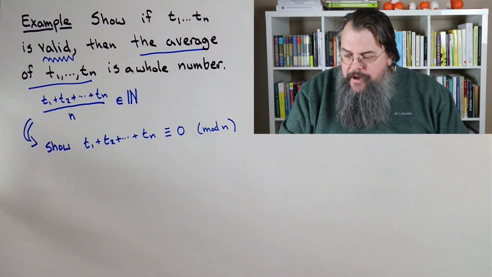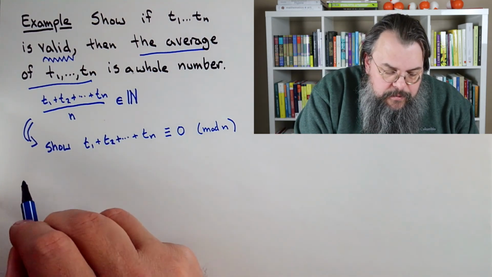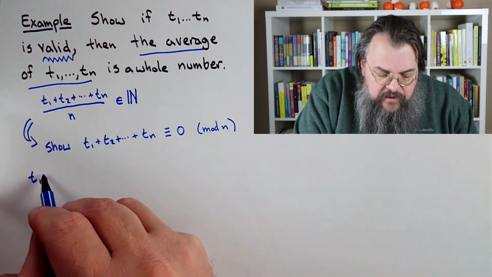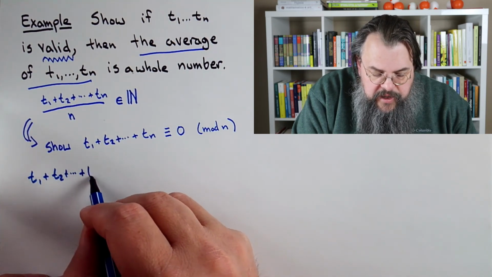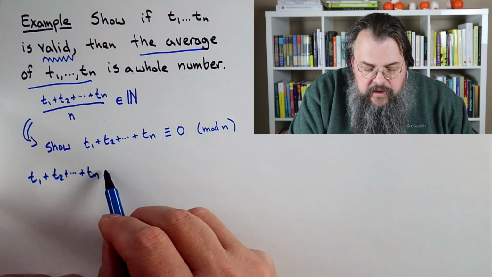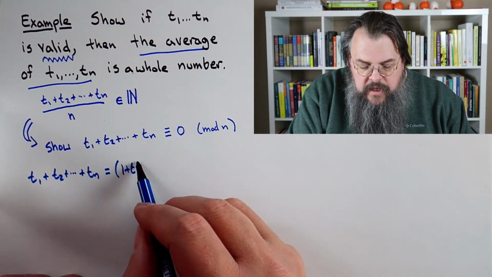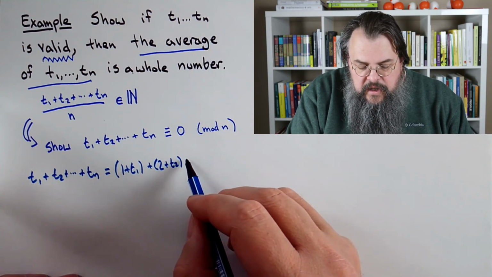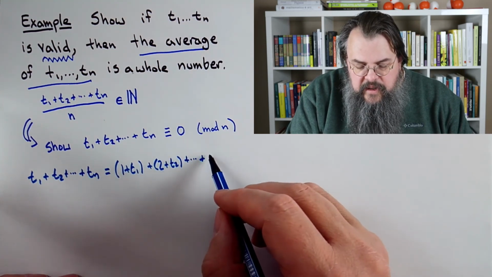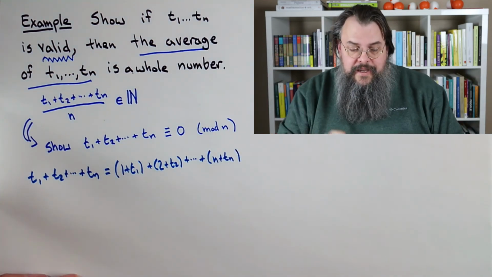And so, what can we say? We can say the following. If we start with these values, so T1 plus T2 plus so forth and so on up to plus Tn, is certainly equal to 1 plus T1 plus 2 plus T2 plus ... plus n plus Tn. Now, I'm not done yet, but okay.